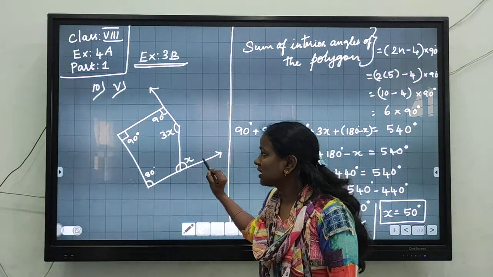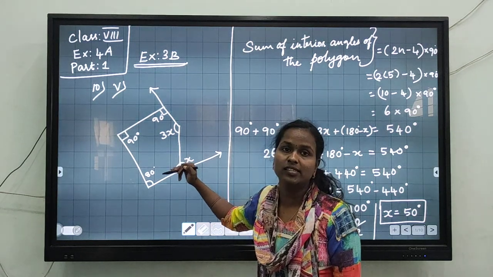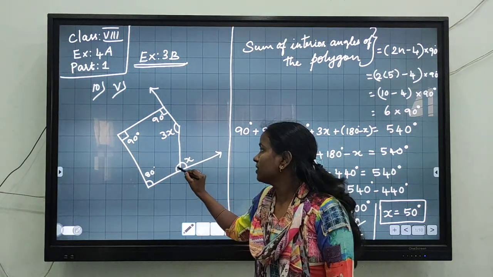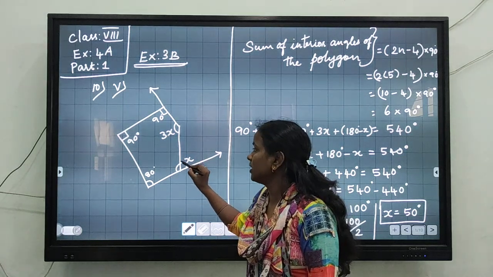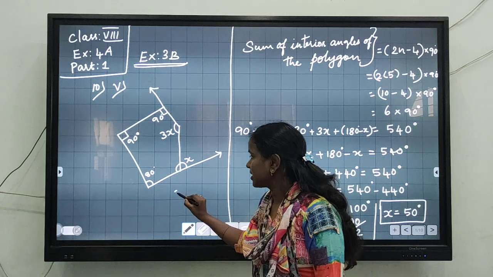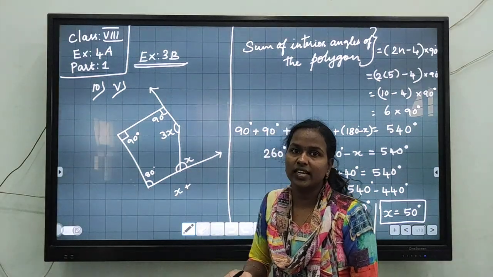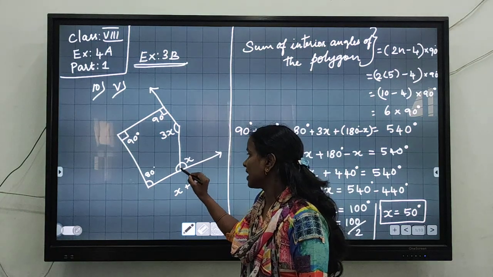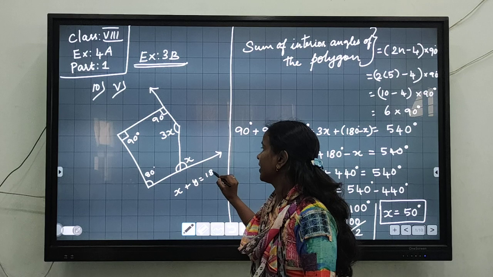See here, exterior angle. Already I told you this is a linear pair. Linear pair means one exterior angle and one interior angle is equal to 180 degrees. A straight angle is equal to 180 degrees. So this x angle, the exterior angle, plus the interior angle, which we don't know, I am taking this angle as y, equal to 180 degrees.